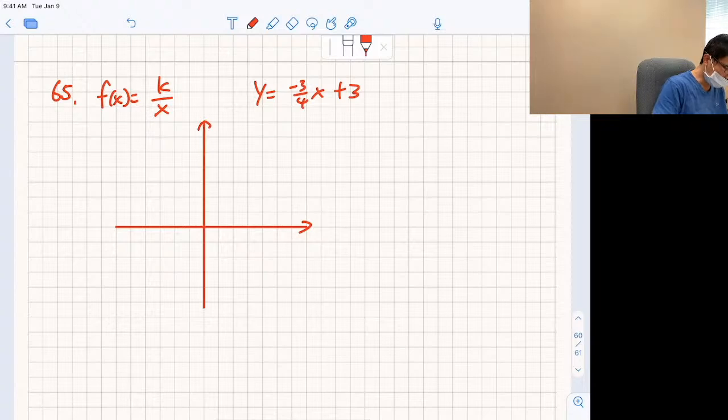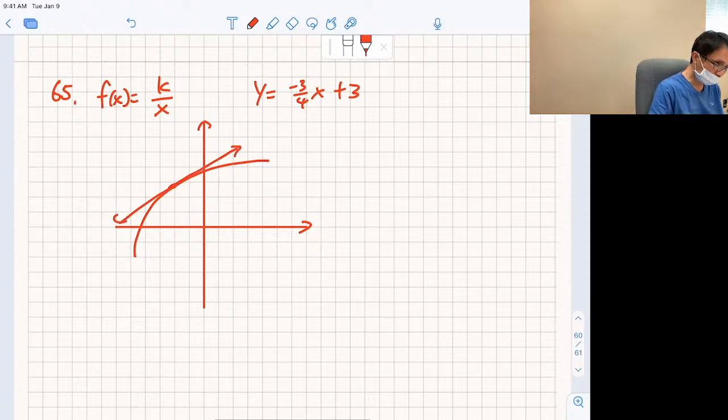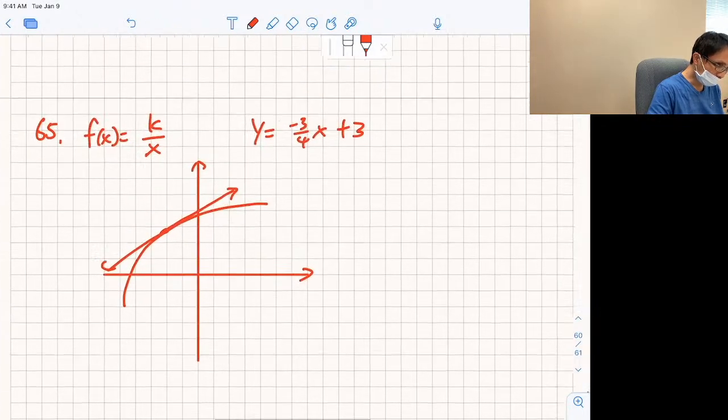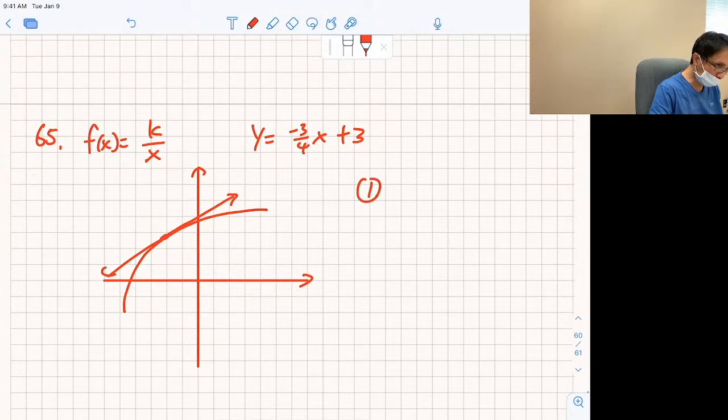If I have something that is tangent to each other, for example, this line is tangent like this, two things happen. One is they have the same output. And the second thing is same slope.